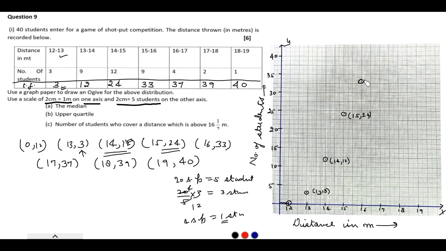Just multiply by 4 according to this scale. Next 17, 37, 35.